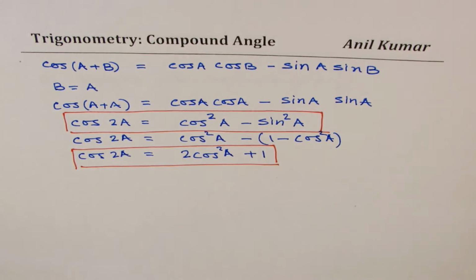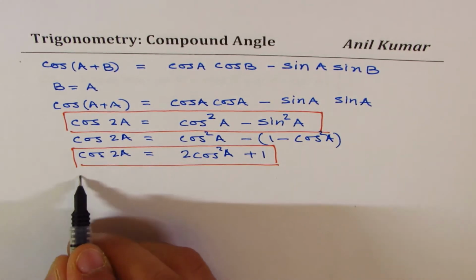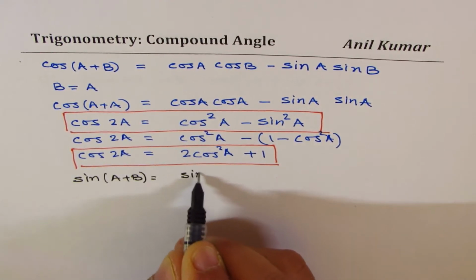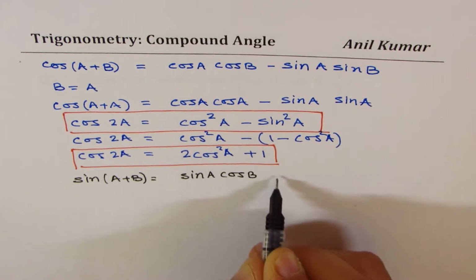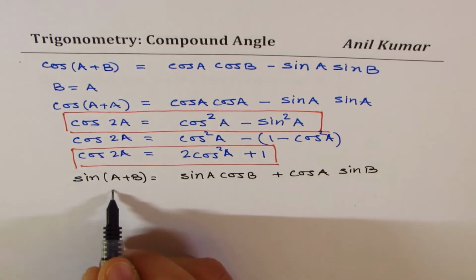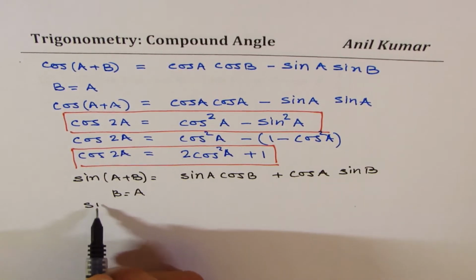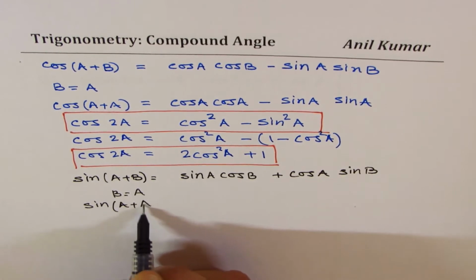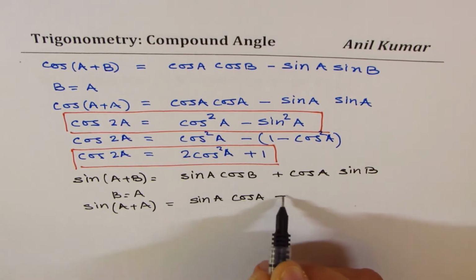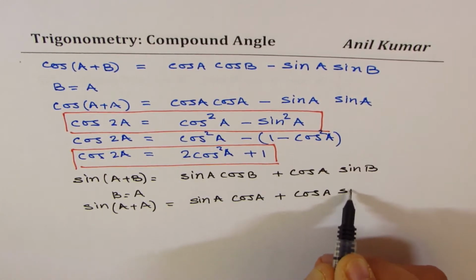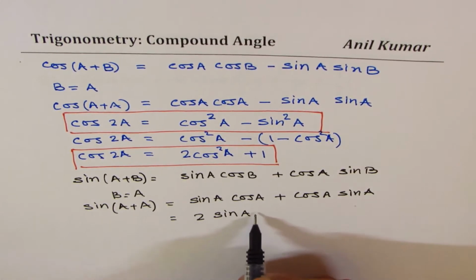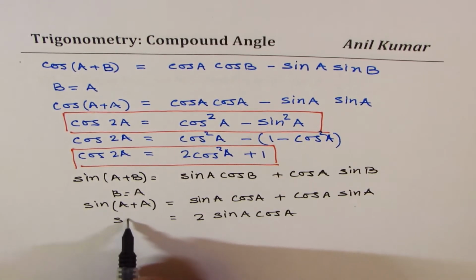Is it okay? Now if I work with sine, I could say sin(A plus B) is sin A cos B plus cos A sin B. If I write B equals A, I can say sin(A plus A) equals sin A cos A plus cos A sin A. And that gives me 2 sin A cos A for sin 2A, right?